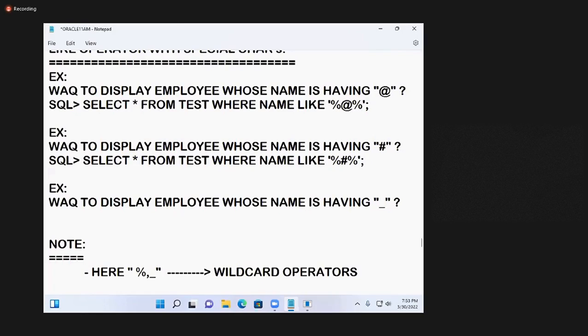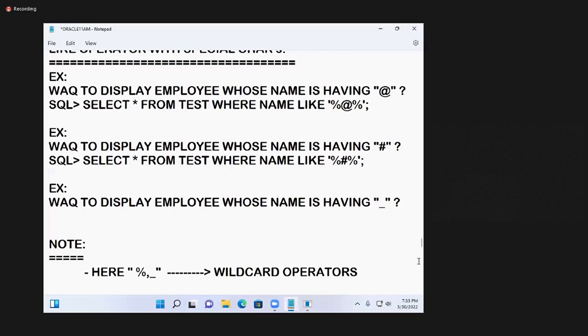If you don't send it, these two symbols are taken as wildcard operators, so the output will be wrong. Except for these two symbols, any remaining symbol you can access directly, but these two are wildcard operators, which confuses your Oracle server.